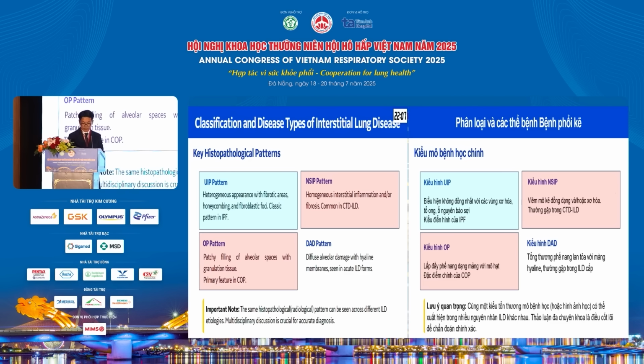It is important to know that different etiologies can lead to various radiological and pathological patterns of interstitial pneumonia. Evaluation and diagnosis from multiple perspectives are necessary.